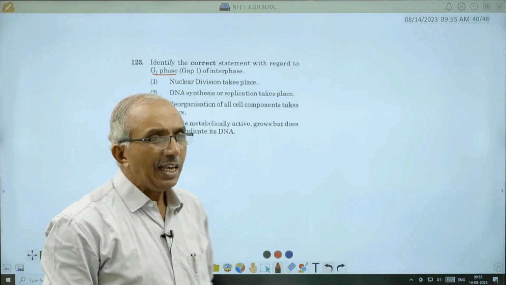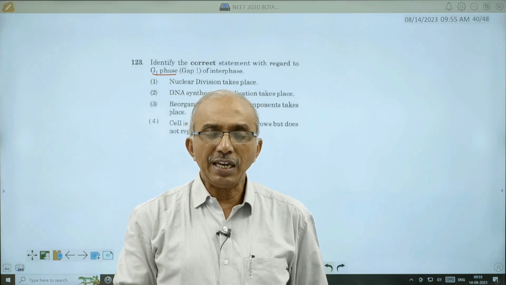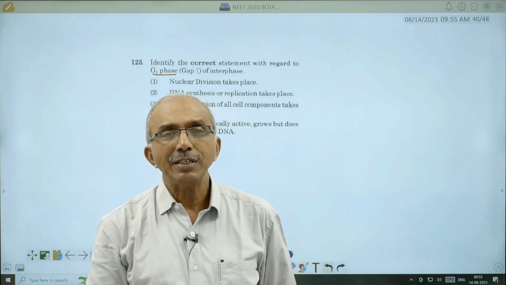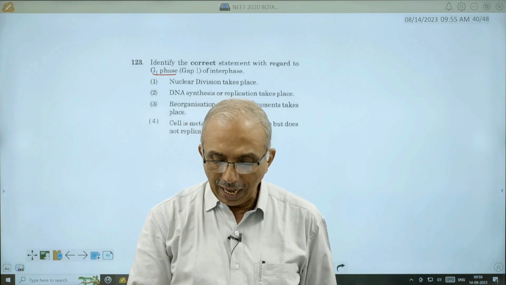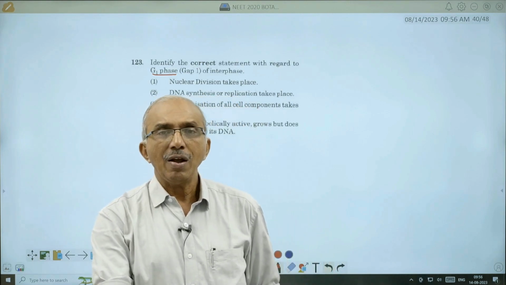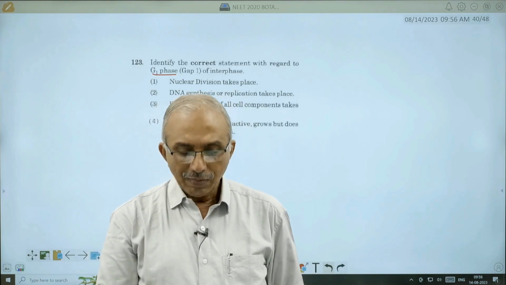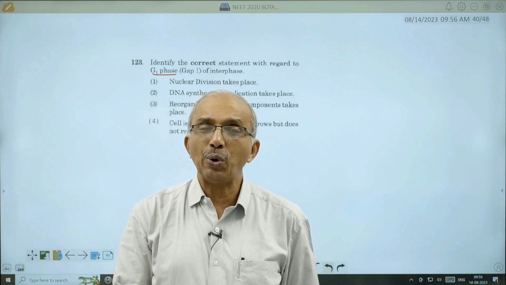G1 phase is the first substage of interphase. Interphase is divided into three substages: G1, S, G2. Then, what are the events of these substages? In G1, the cell is metabolically active and continues to grow.